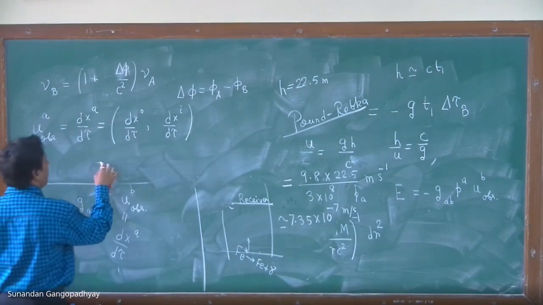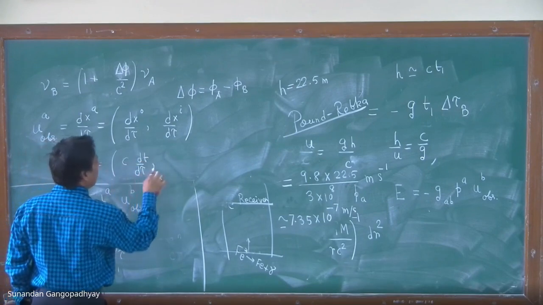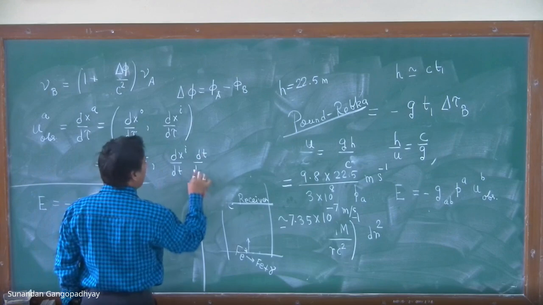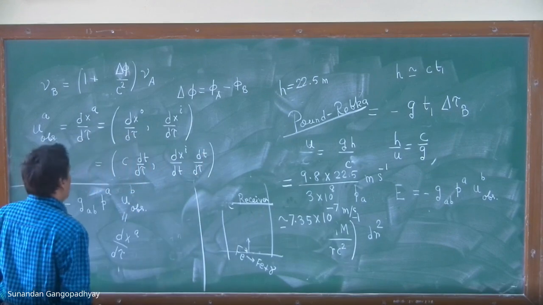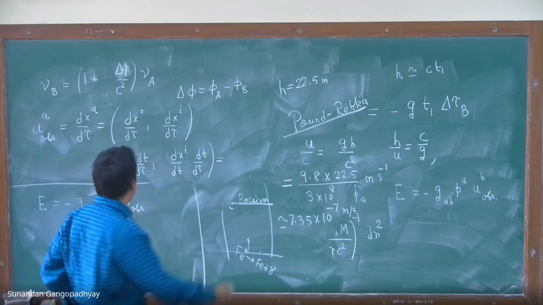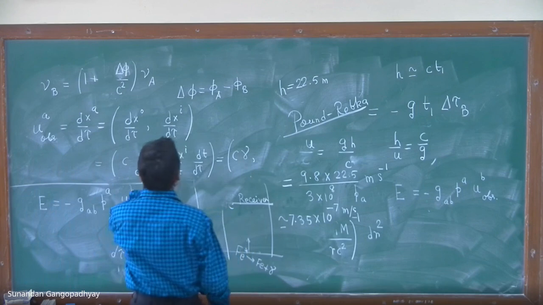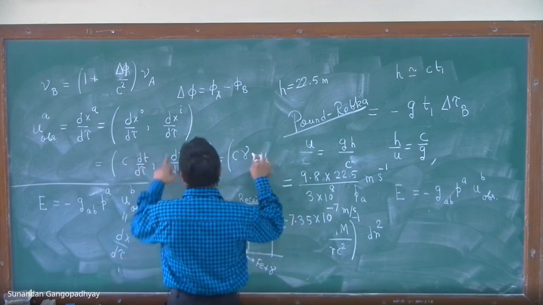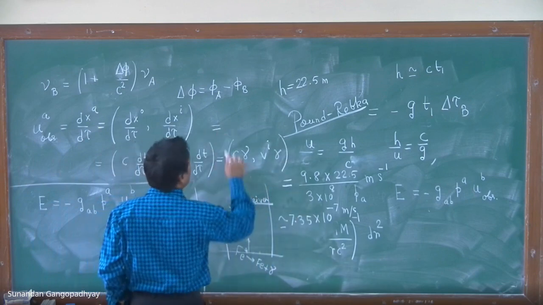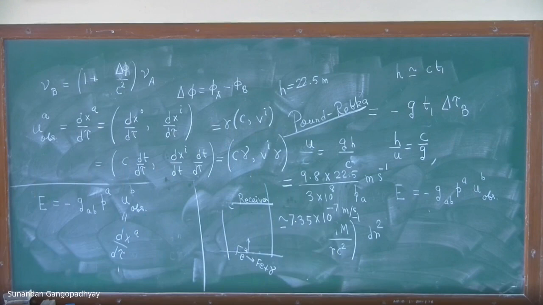What is X0? What is dt d tau? dt d tau is gamma. Then dx^i d tau, d_i, dx^i dt d_i. This is equal to, if I take gamma outside, c here. That's what it is.